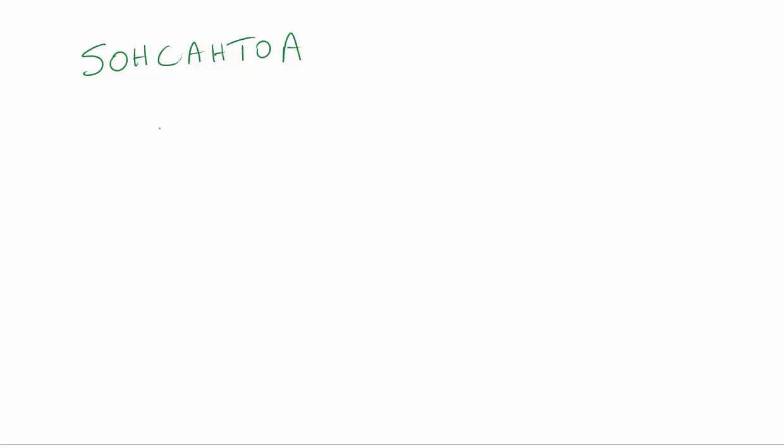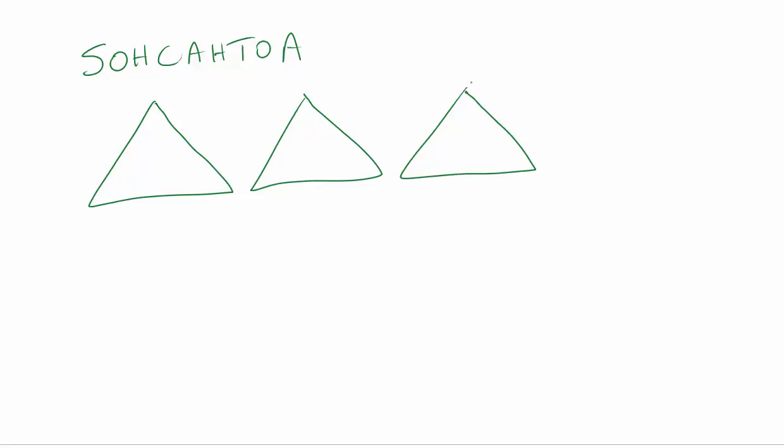Now, some of you might also like to memorize them as the triangles which give the rules. If we have a triangle for each rule, one for sine, one for cos, and one for tan, the triangles are always split up the same way. You can write your SOHCAHTOA: sine is opposite divided by hypotenuse, cos is adjacent over hypotenuse, and TOA, tan, is opposite over adjacent.